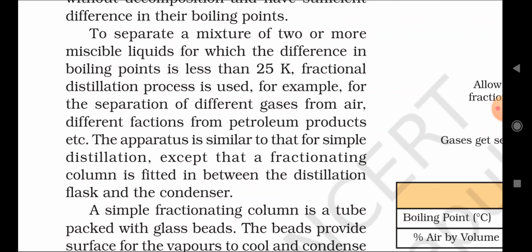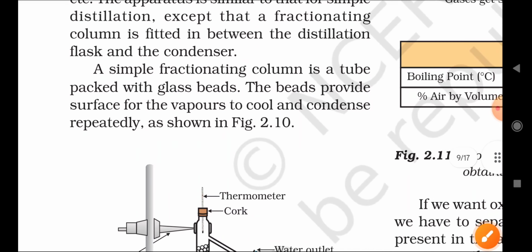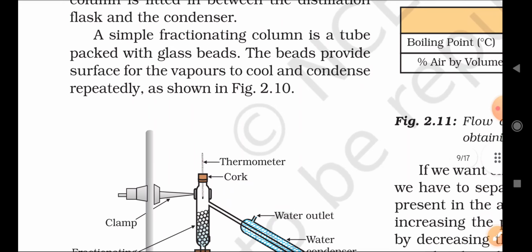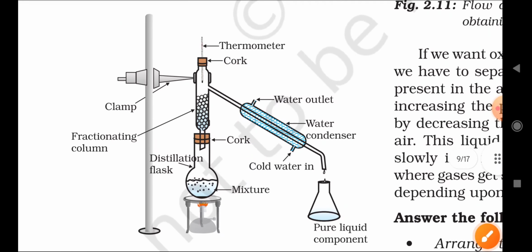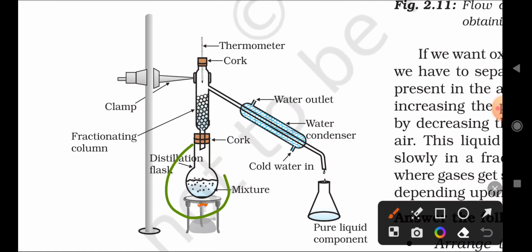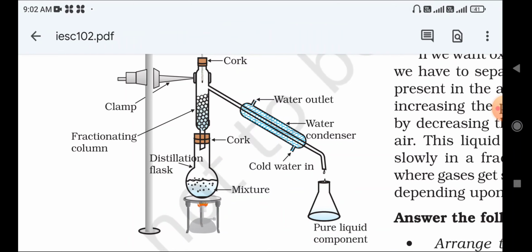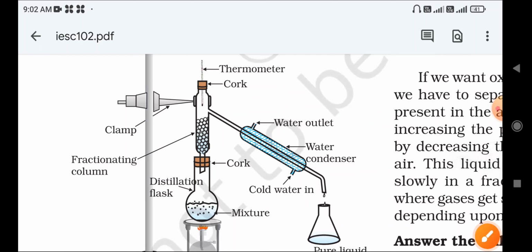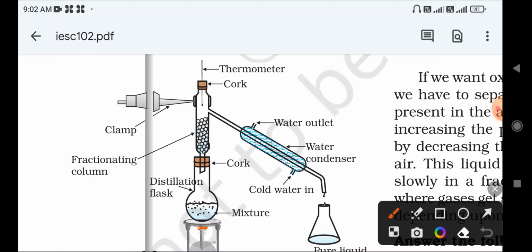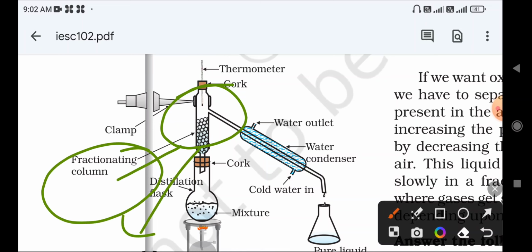So there is not much difference between fractional distillation and simple distillation. They both have a distillation flask, a condenser, an outlet, and a thermometer, but the only difference is that the fractionating column is added in the fractional distillation method.